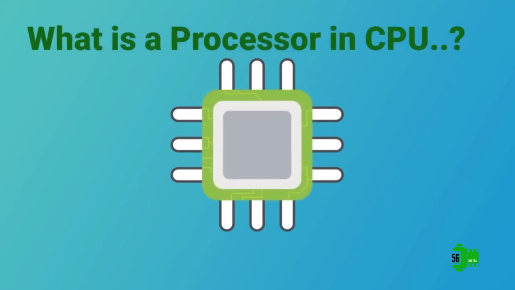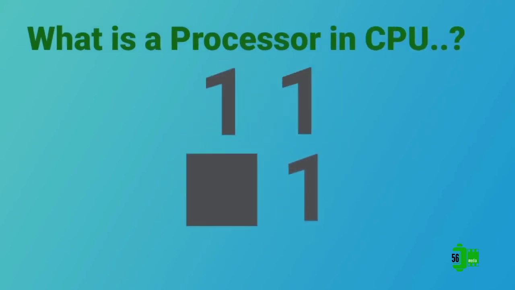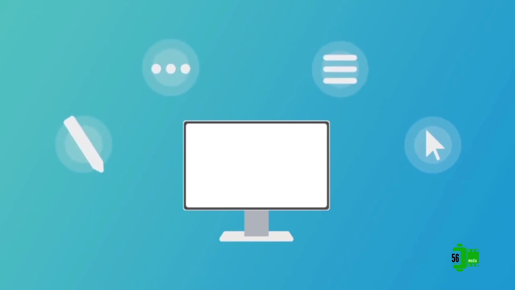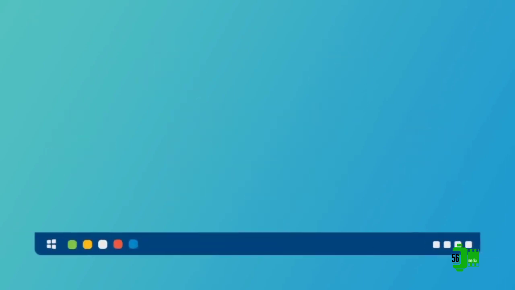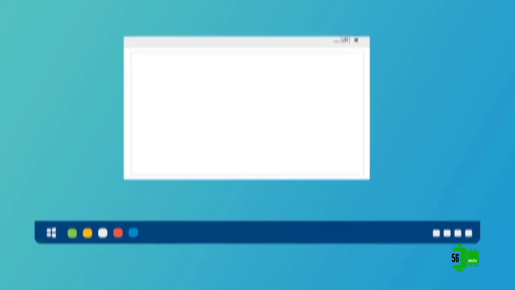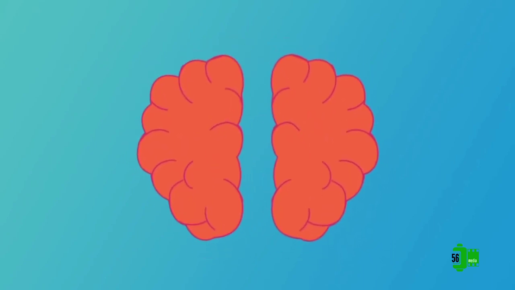What is the processor in the CPU? It's a chip responsible for calculations, which makes all the logical decisions, from a simple one like opening a window to a complex one like designing a three-dimensional animation. We can say it is the brain of the computer.